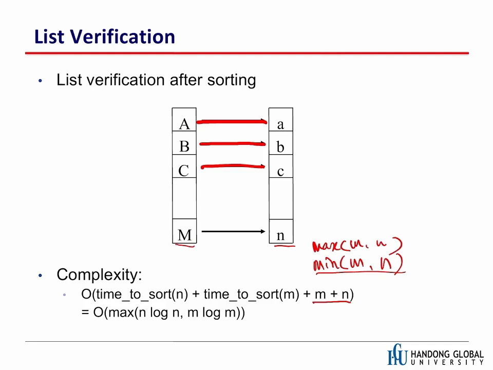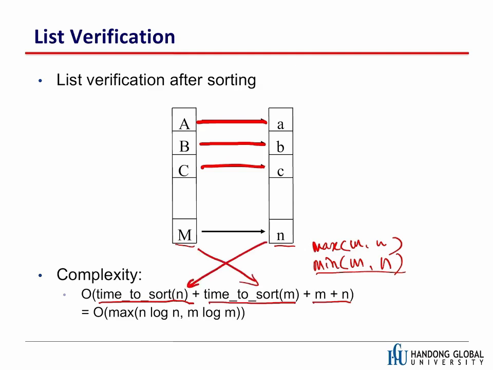Okay. So now let's talk about the complexity. We said this list verification is after sorting. So how much computation cost do we need to sort? Let's say this is time to sort n and time to sort m, to sort this list and to sort this list.